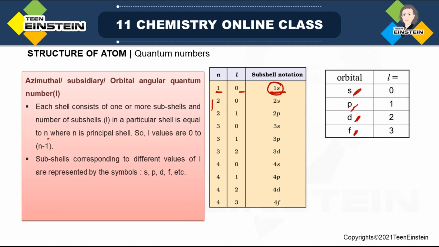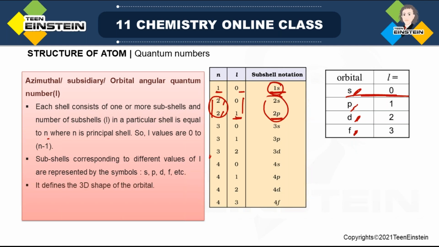When n is 2, it is written 2 times because now 2 values of l are possible. So when l is 0, n is 2, it is 2s because s is l equal to 0. But when l is 1, it is 2p. So when n value is 2, you can have maximum 2 subshells. Fine. In this way, you can proceed and you will get all these subshells.